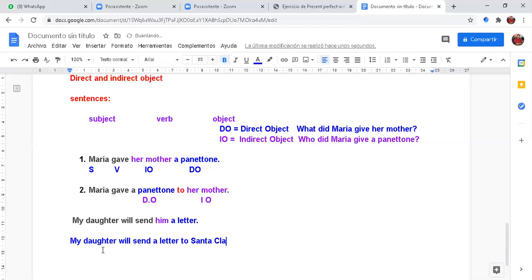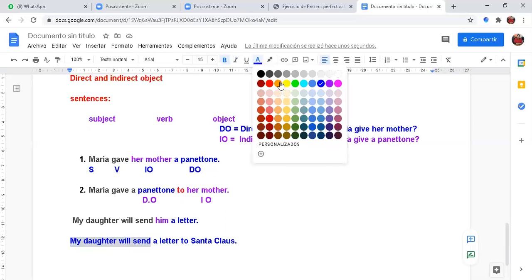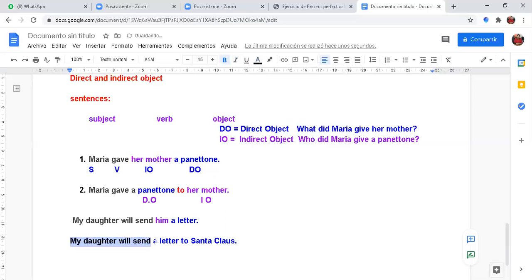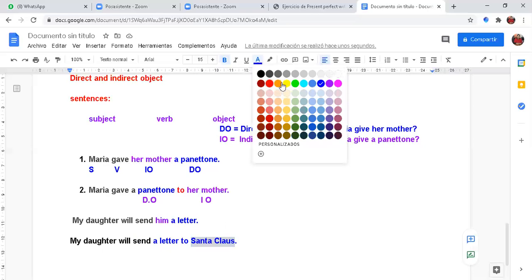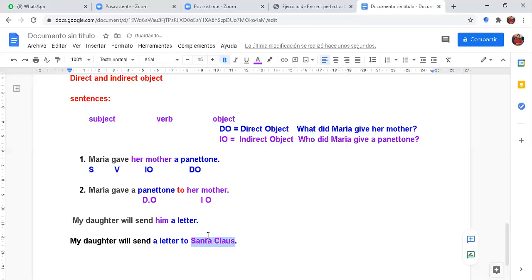So first we have subject and verb, then we have a letter and Santa Claus: direct object and indirect object. Let's call it the opposite order.